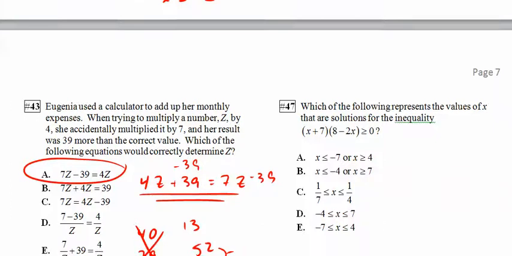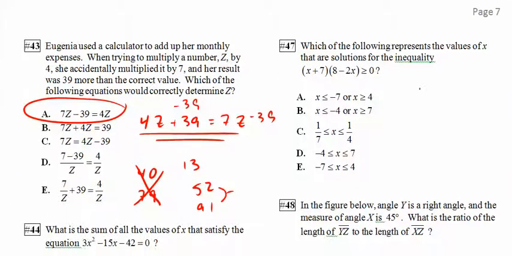Which of the following represents the solutions for the inequality? Well, number line it. Got negative 7. Fill it in. And 8 minus 2x, 8 equals 2x, x equals 4. Try 0. Zero times 7 and 8 is 56.